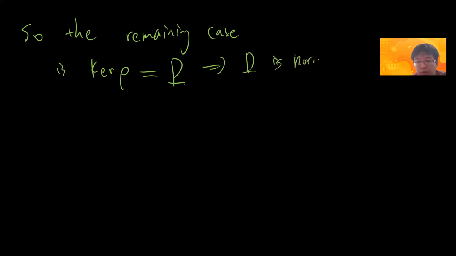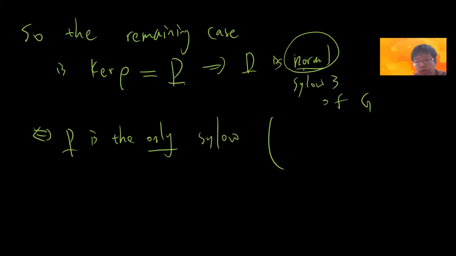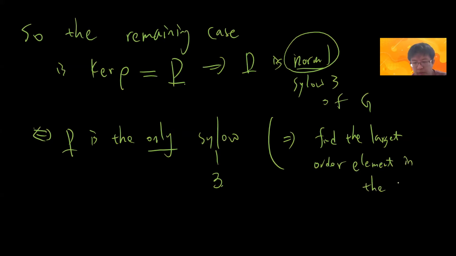So P is a normal Sylow 3-subgroup of G. If P is a normal Sylow subgroup of G, then by the theorem we know that P is the only Sylow 3-subgroup. Now we can use this constraint to find the largest order of an element in the group.